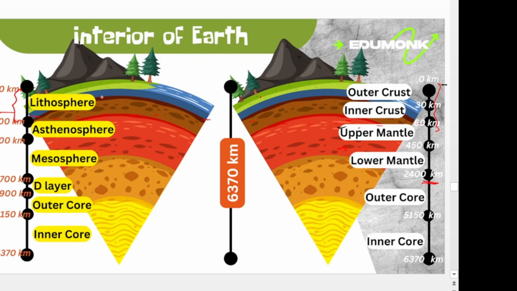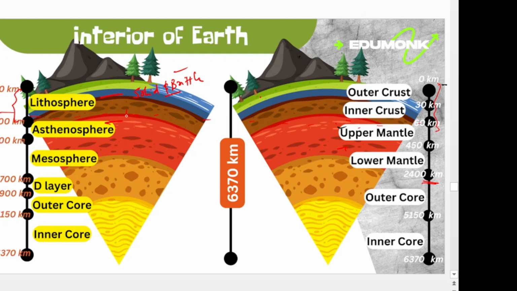If you look at the lithosphere, it is solid and brittle. That we already told. The continents or the lands are solid and brittle particles which are fragmented and move towards different parts through plate movement. Then we go to the asthenosphere.